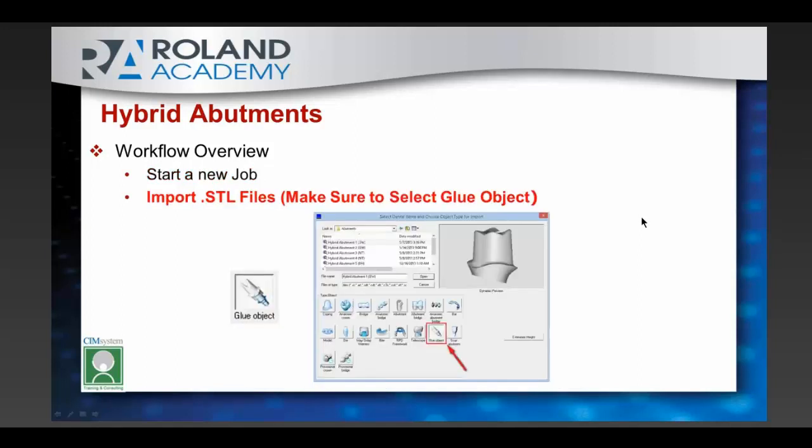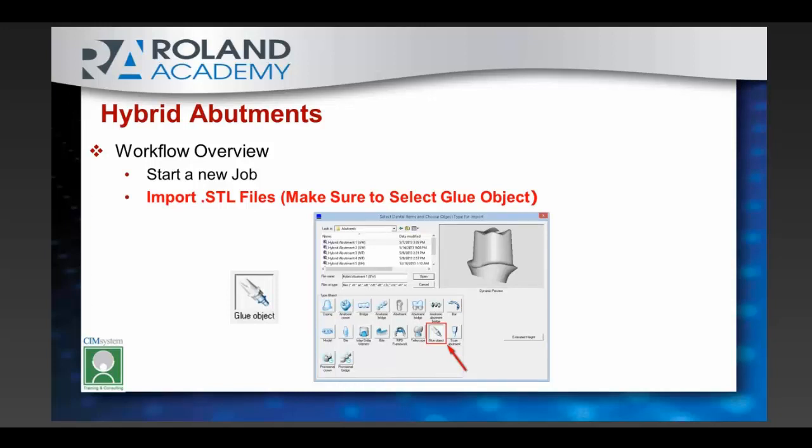It's very important when you import your STL files to actually choose the type of restoration that you're importing. And the reason behind that is there are certain steps in the strategy that actually look at the type of restoration it is and decide whether or not it's going to apply a particular toolpath towards that.